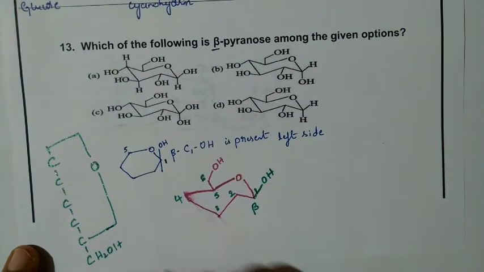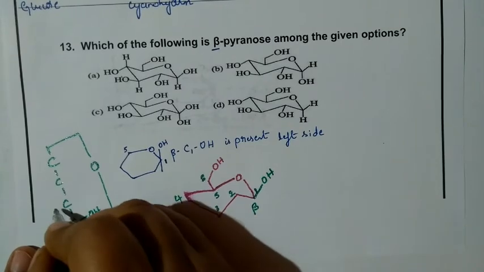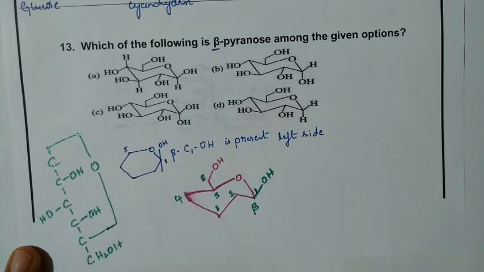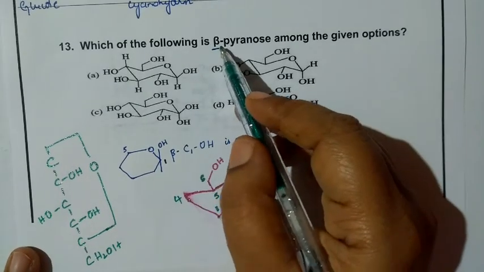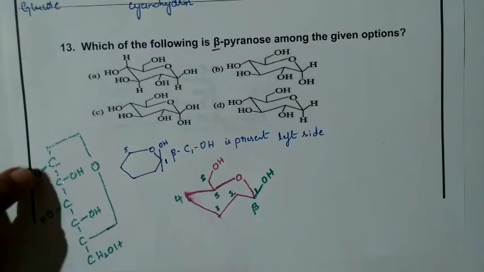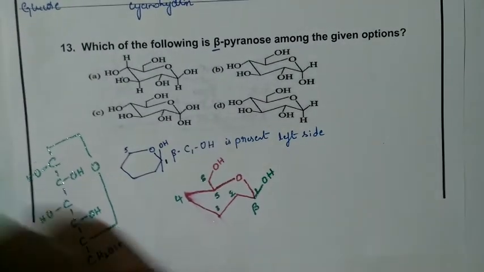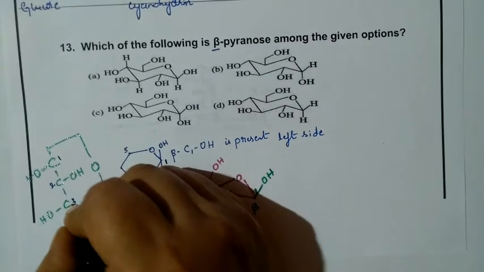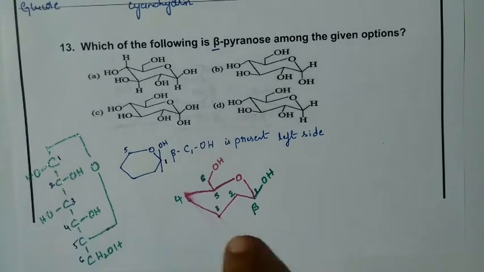Okay, next. Here it is the fifth carbon, fourth, third, second, and the first one should be beta. They mentioned beta means it should always be on the left side. This is our first carbon, so we can easily write it down. This is our first, second, third, fourth, fifth, sixth.